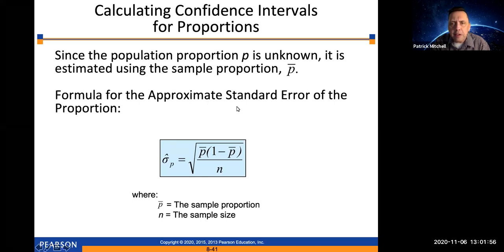We had an approximate standard error of the mean, and the notation we used for that was sigma sub x bar hat. So this is pretty much the same formula that we were just looking at on the previous slide, except again, since we don't know p, we're going to approximate it using p bar. So the approximate standard error of the proportion is the square root of p bar times 1 minus p bar divided by n.